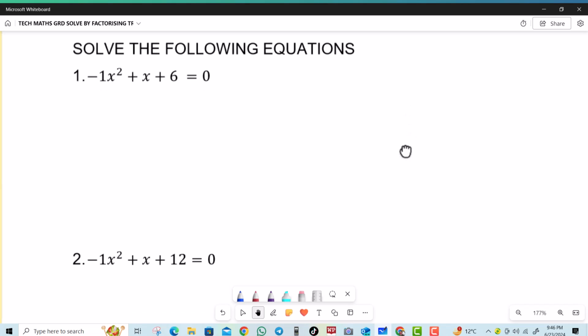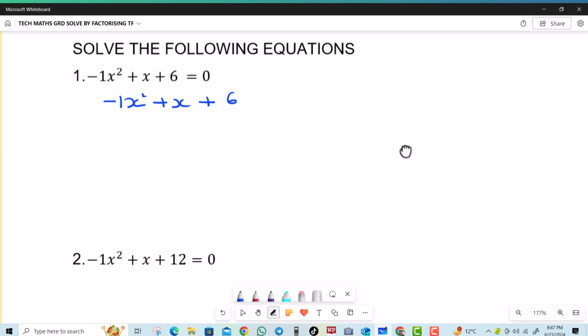An example here we have negative 1x squared plus x plus 6. So we want to solve here negative 1x squared plus x plus 6 equals to 0.